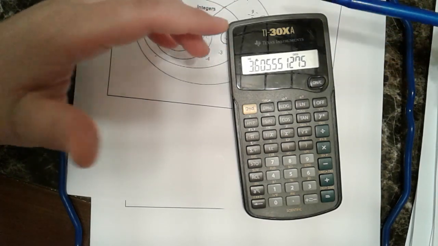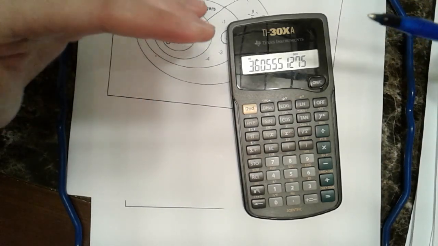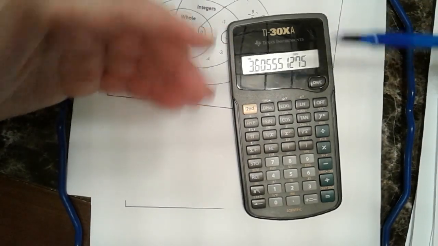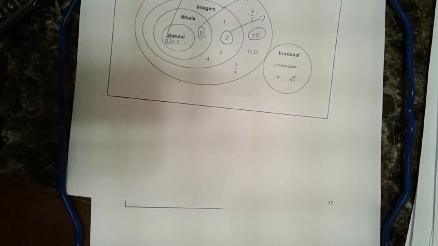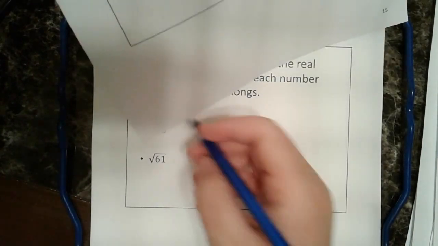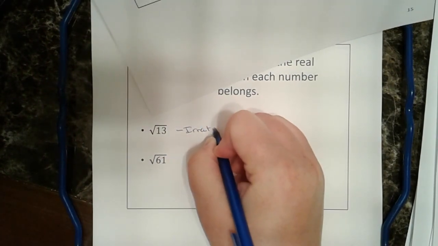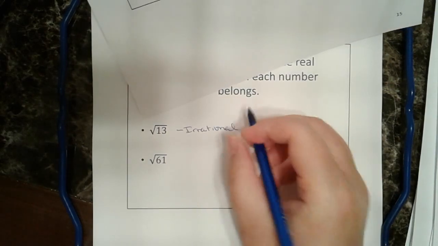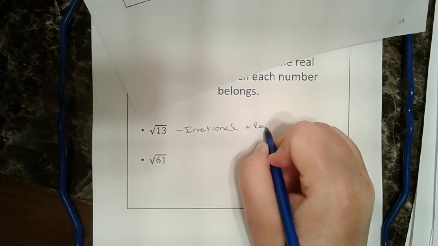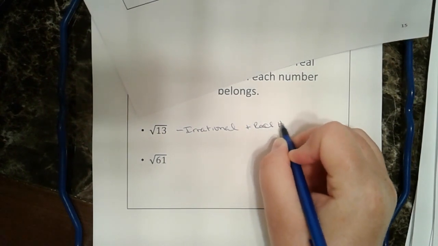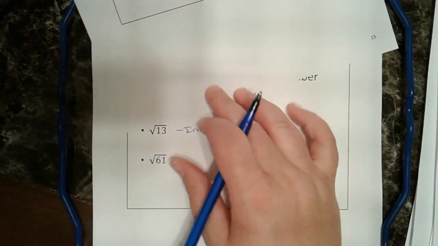However, the only reason why your calculator ends at 5 is because that's the amount of places it can actually hold in its screen. So the answer to this one is going to be irrational. And if it's irrational, it's also what? A real number. Is it anything else? No, it's not.